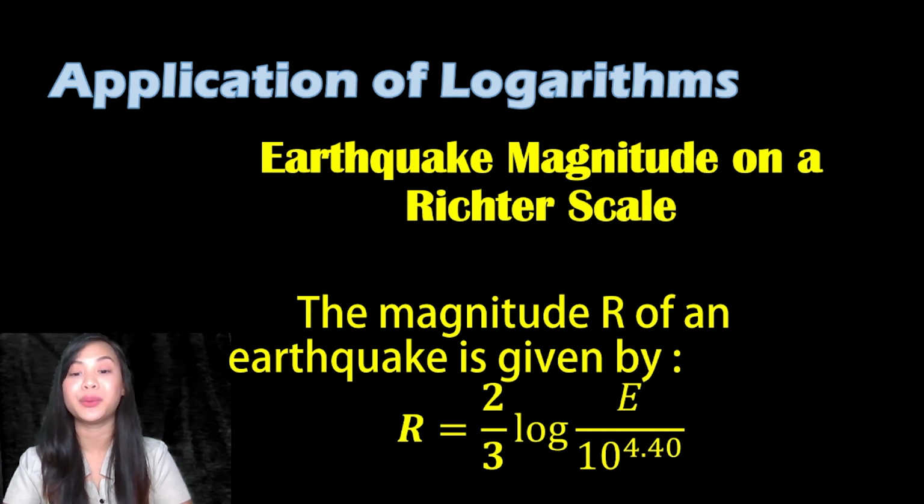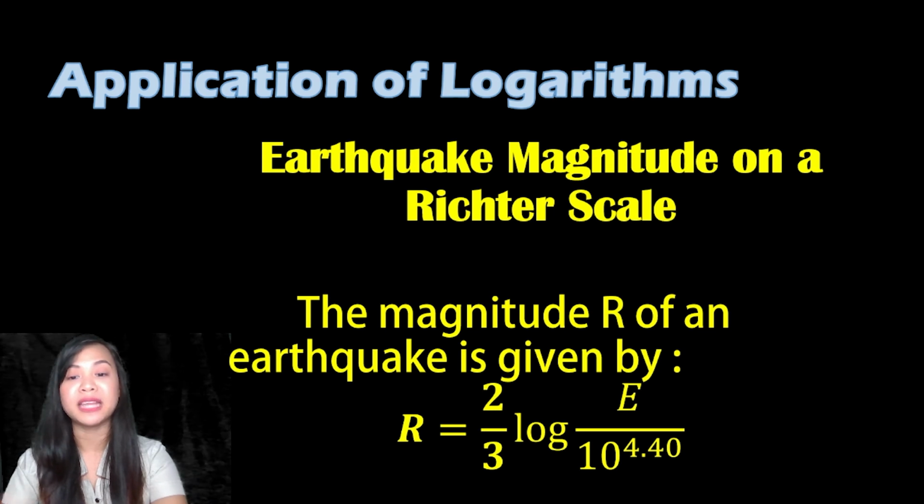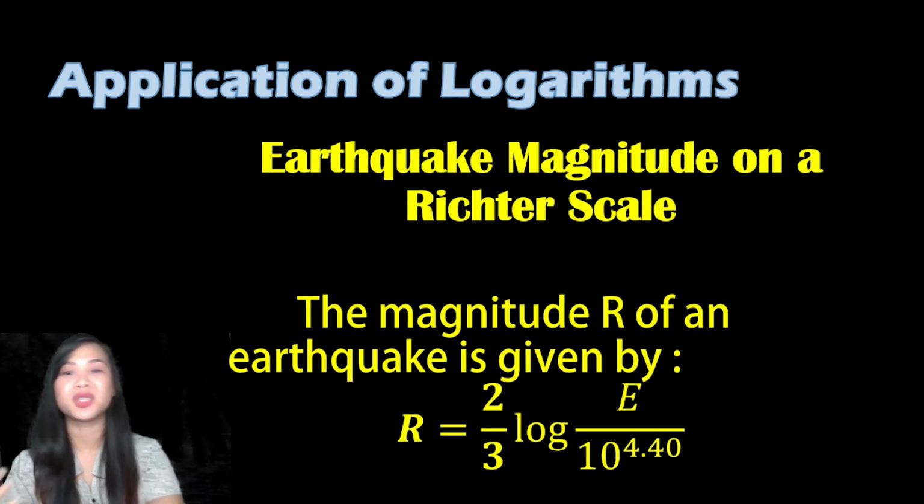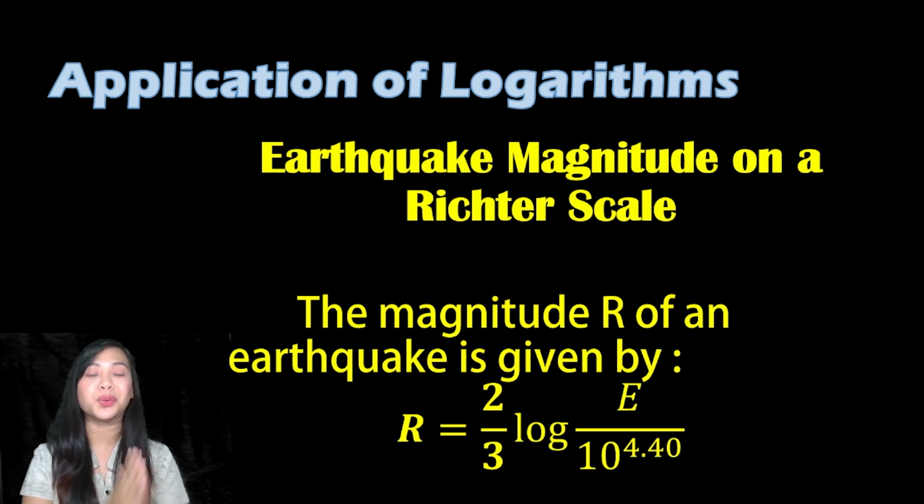The earthquake energy is represented as E, and this value 10^4.4 is the reference, the quantity of energy that was released by a small reference earthquake.